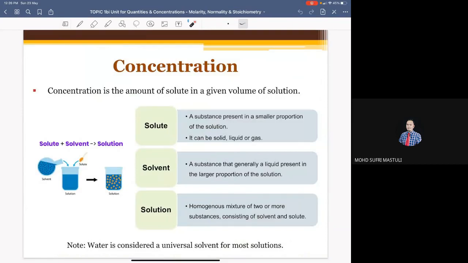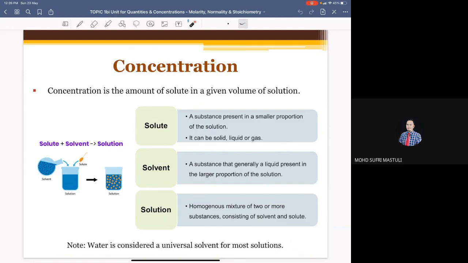On the previous slide, I explained about the concentration of the solution. Concentration is the amount of solute in a given volume of solution.